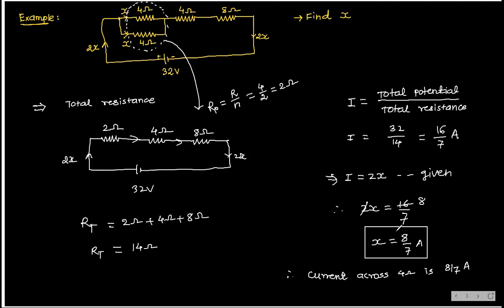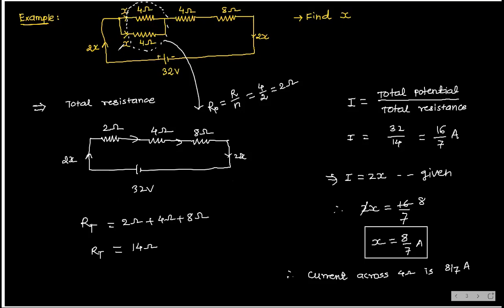Sir, we are calculating x now, so x current is flowing through the 4 ohms also. So we can take directly, like V equals IR, so 32 equals I into 4. But this is a series combination.